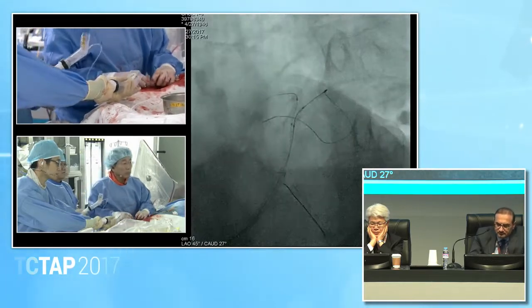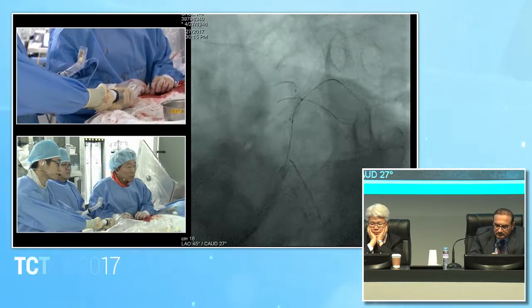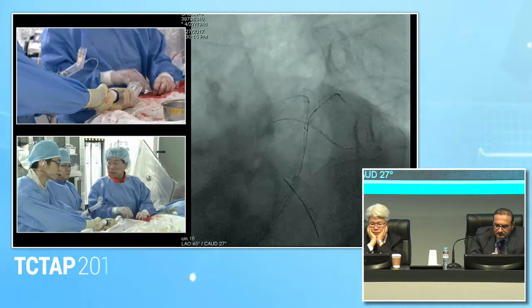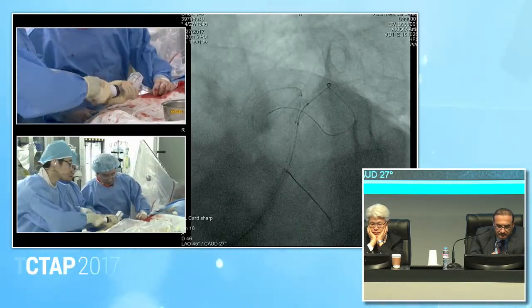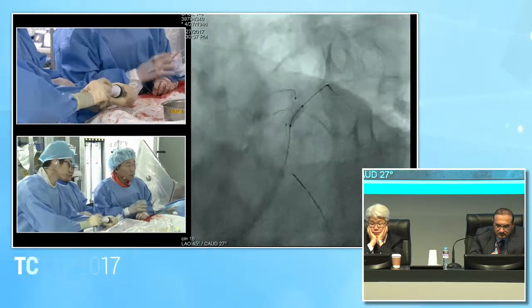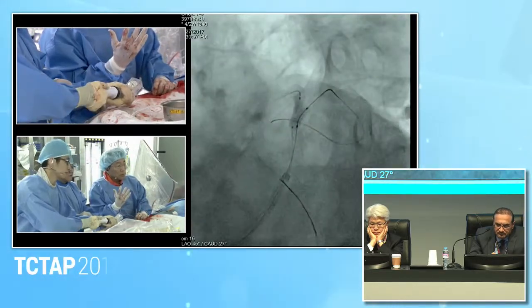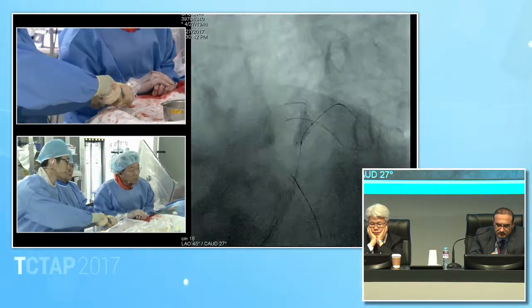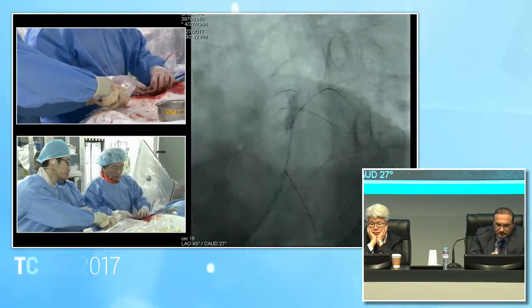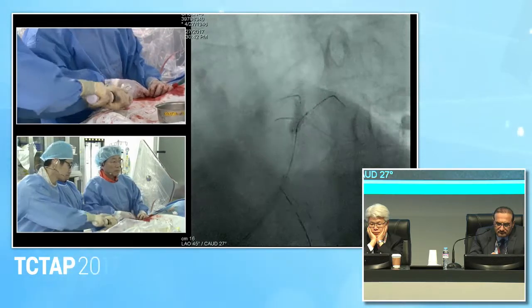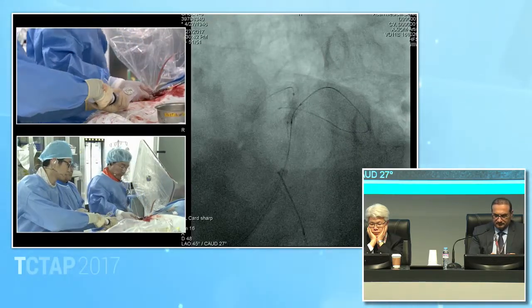However, the distal part of the diagonal balloon is anchoring the diagonal branch here. Inflate. 10, 8, 10. Six is quite enough, right? Balloon size is big. All right, 6 atmospheres in both balloons, and deflate. 1, 2, 3. Okay, good, perfect.